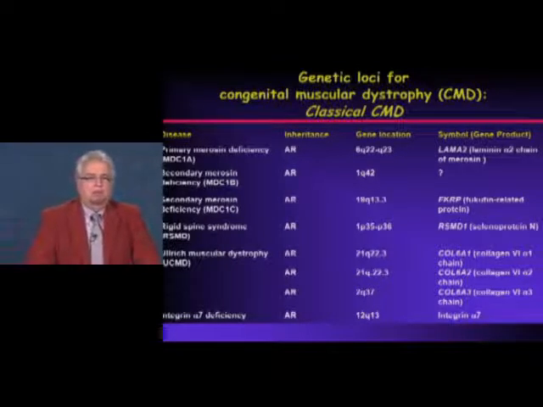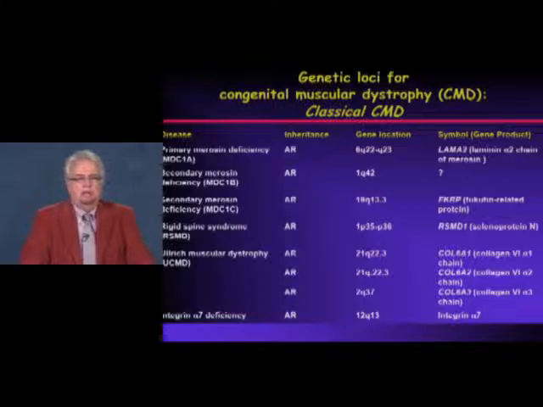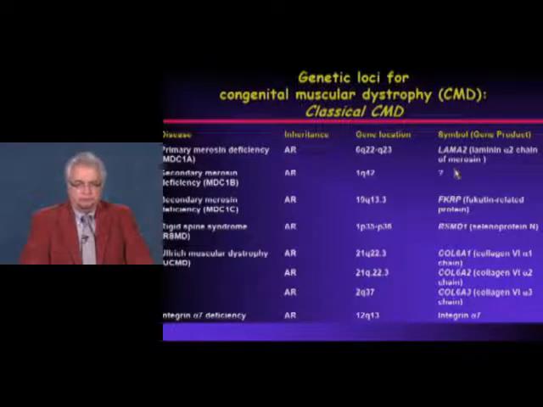The most common one, and the one that was delineated in the beginning, was primary merosin deficiency due to mutations in the gene known as lamin alpha-2 chain of merosin. But there are also other types of secondary merosin deficiency.